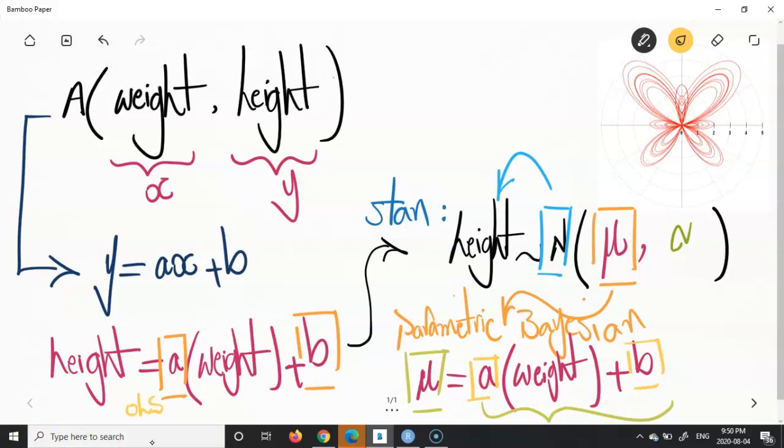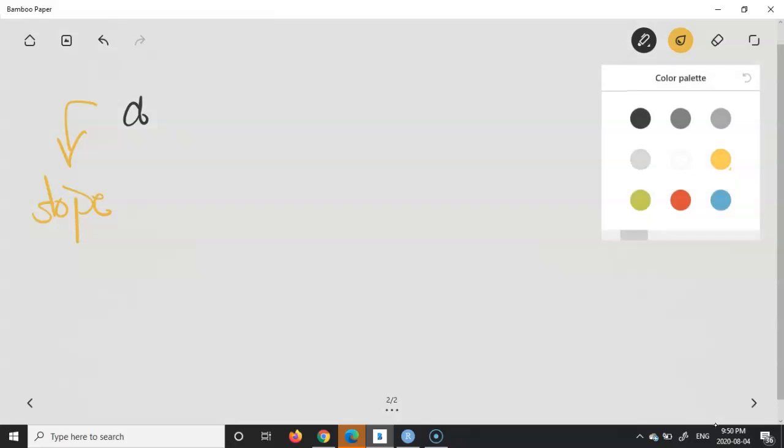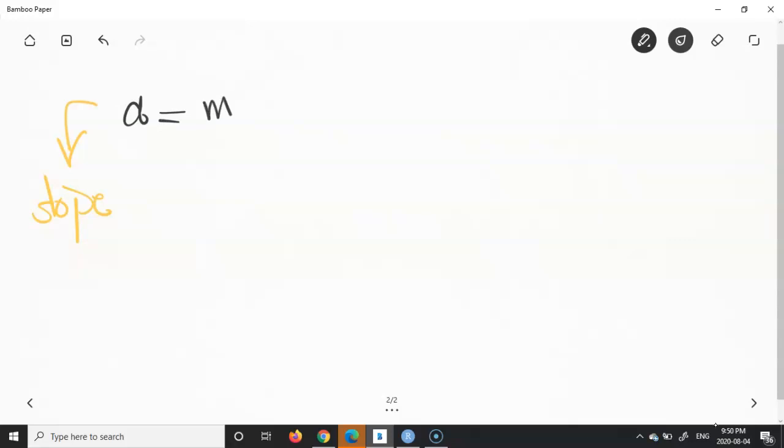In order to find the best estimates for the A, which was essentially our slope in our linear model, in the Bayesian process, the A is going to be the mean of the inferences that we are going to get from the posterior that we have just made.